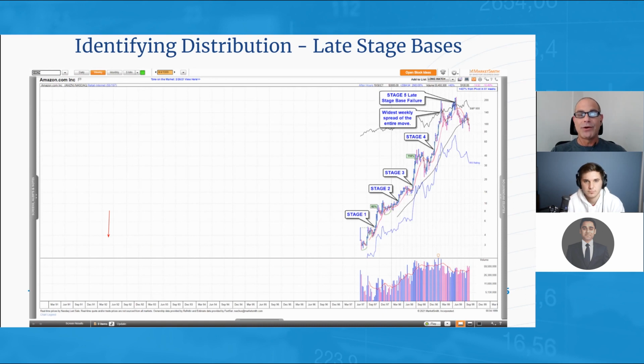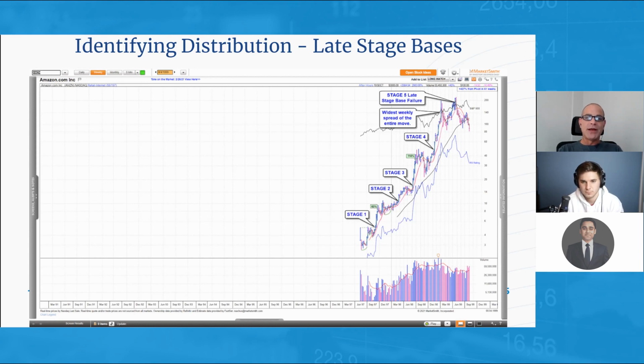So here we are looking at late stage bases. So why is that? This just goes back to the entire life cycle of a stock.